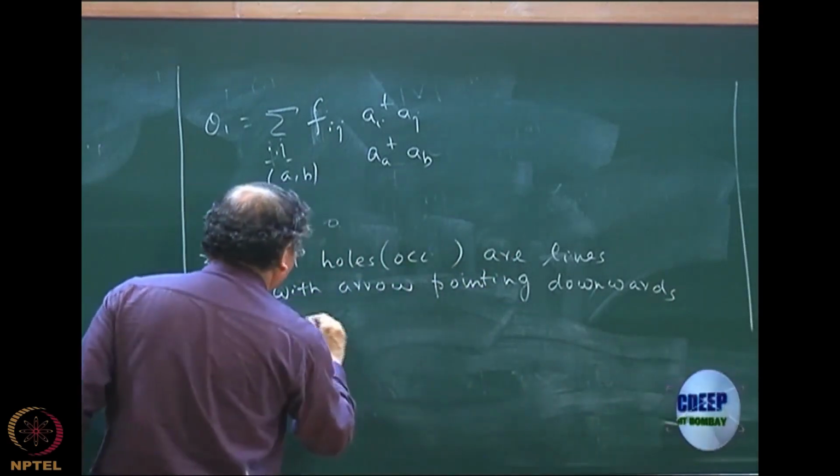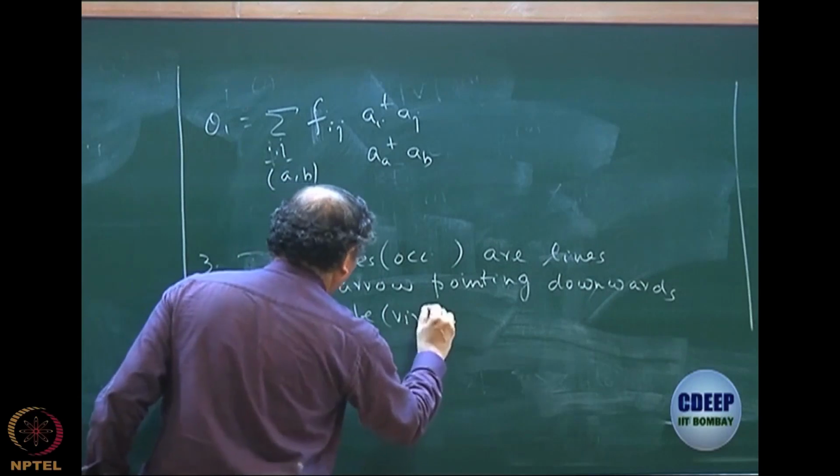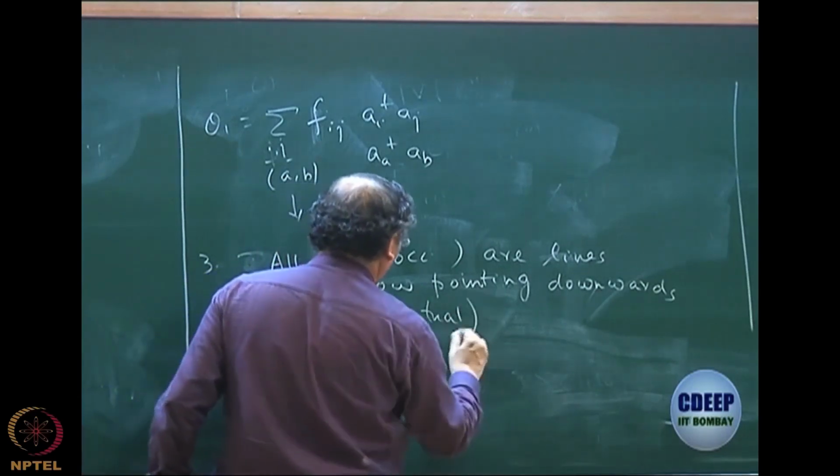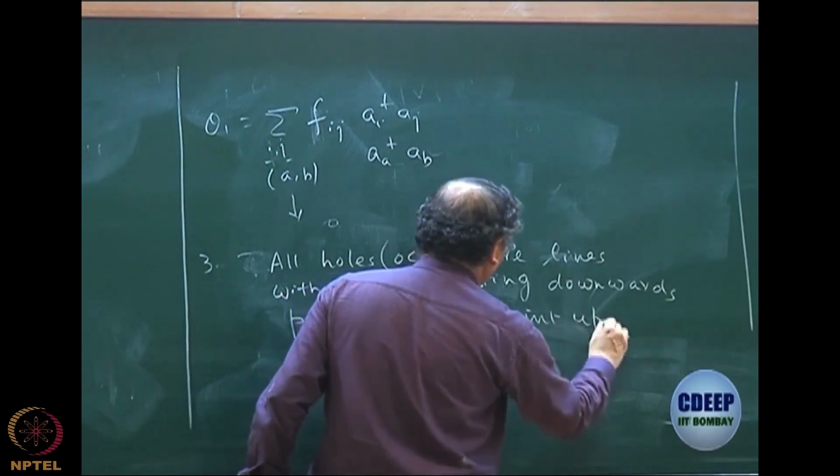And the particles, which are virtual orbitals, should point upwards. The arrow direction should be upwards.